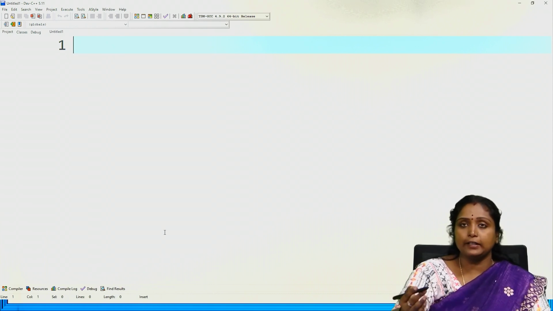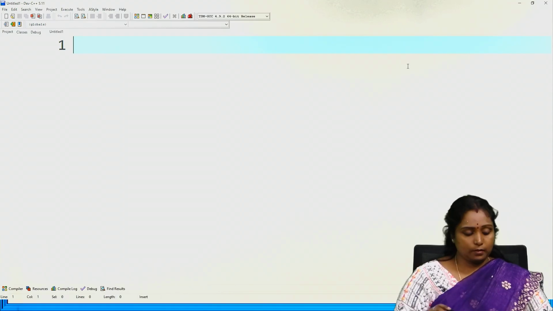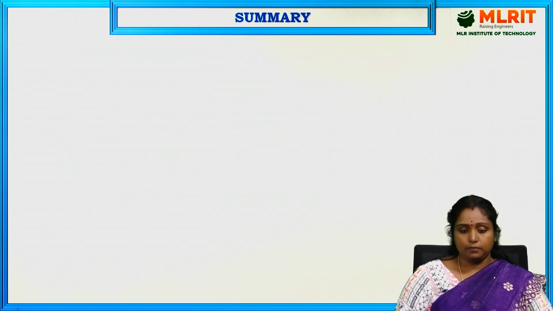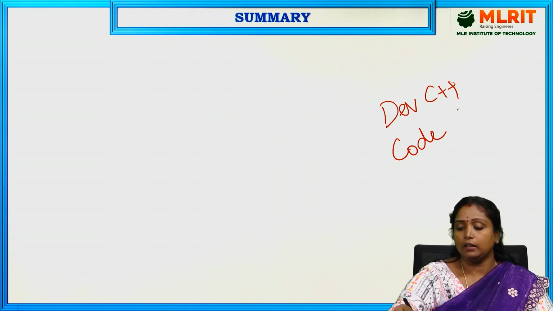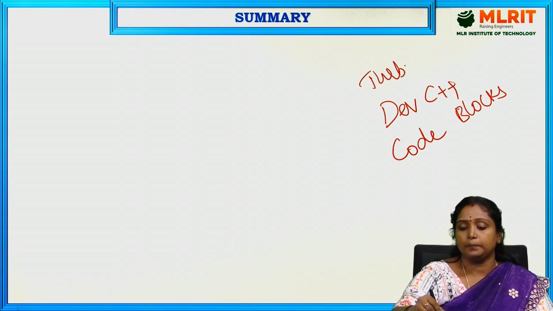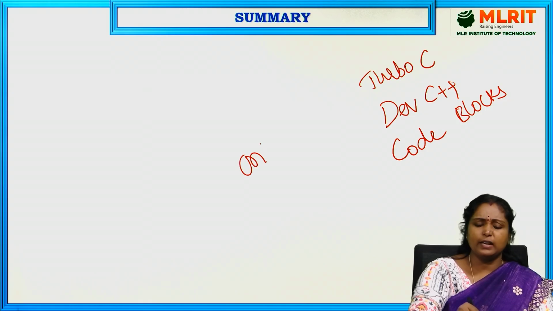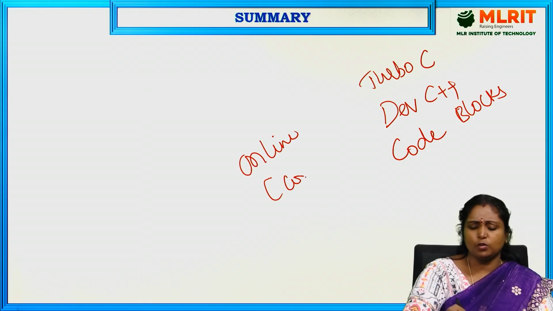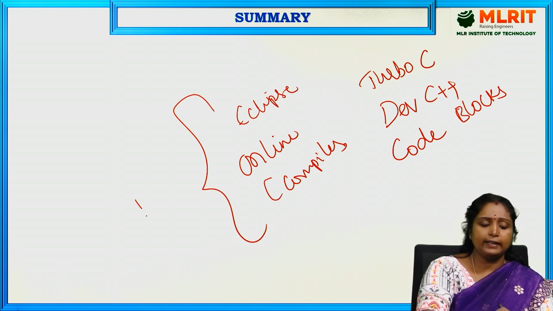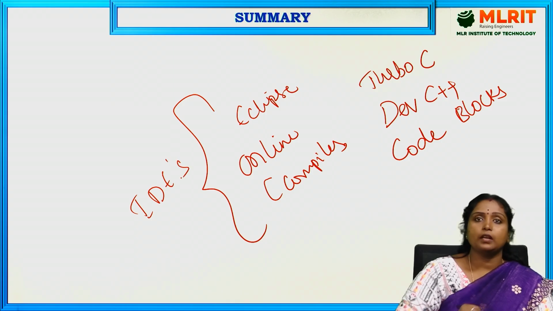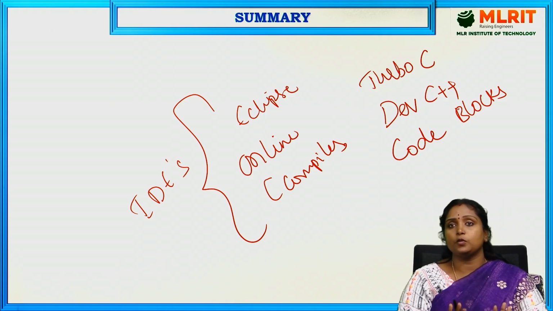Dev C++ is one of the IDEs, and there are also Code Blocks, Turbo C, as well as online C compilers, many C compilers, and Eclipse. These are all IDEs which are used to write a C program and execute it.